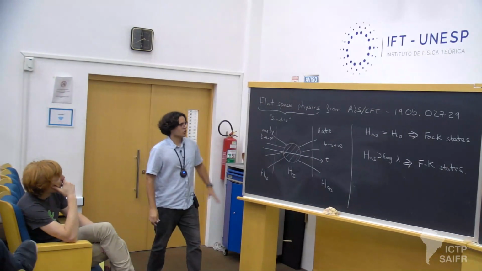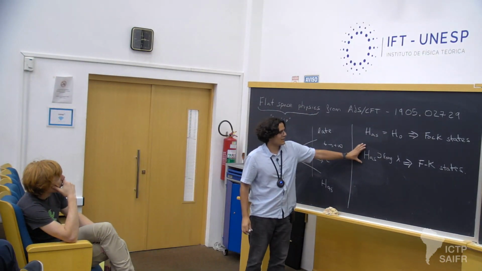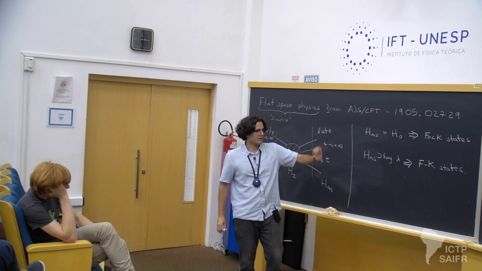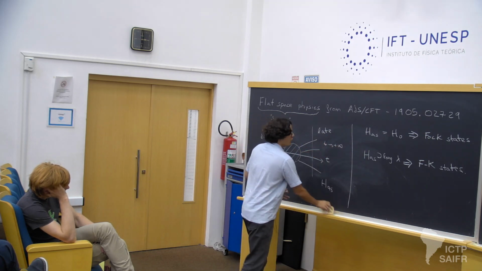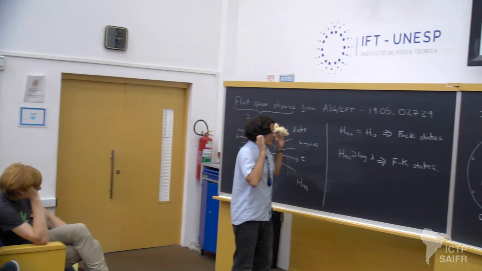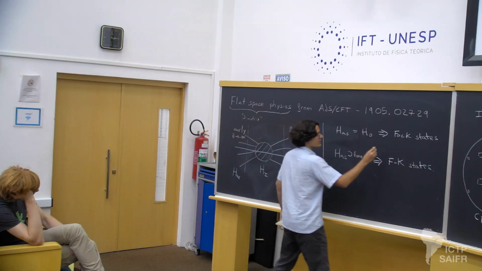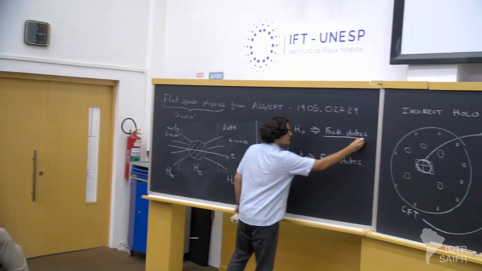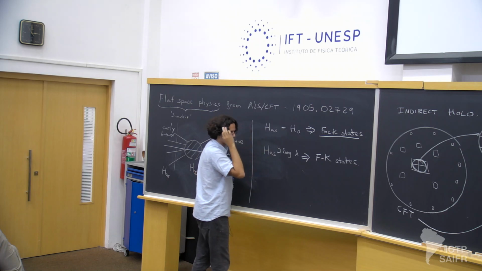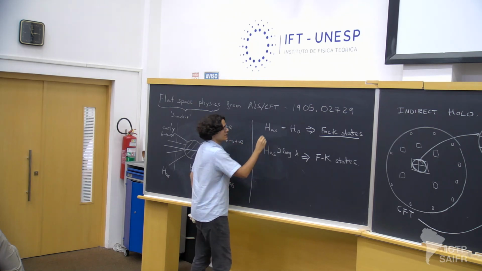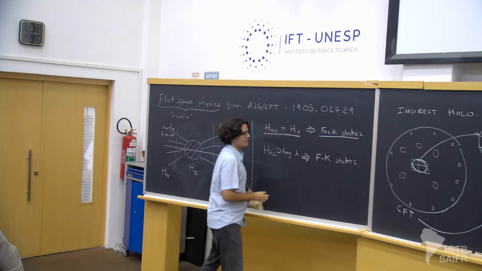So later, I will try to convince you that this can be done in the discussion that I'm about to show you. But for now, the statement to remember is that I'm building S matrices concerning Fock states, and for the purpose of building scattering states, the theory is free.